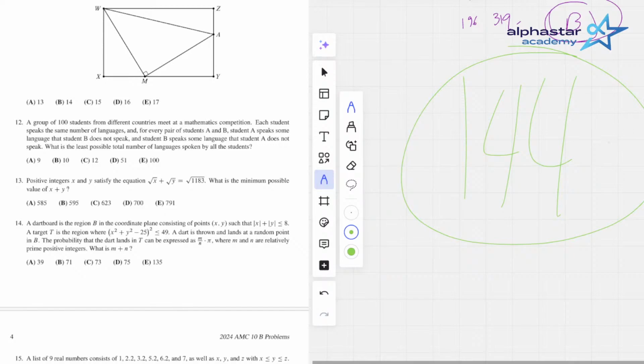Yeah. 64 plus 7 is 71. Bruh. Okay, I think everything else is good, so I got a 144. Final score. That last minute, just figuring out that one problem very quickly, was nice. Okay. Nice. 144.